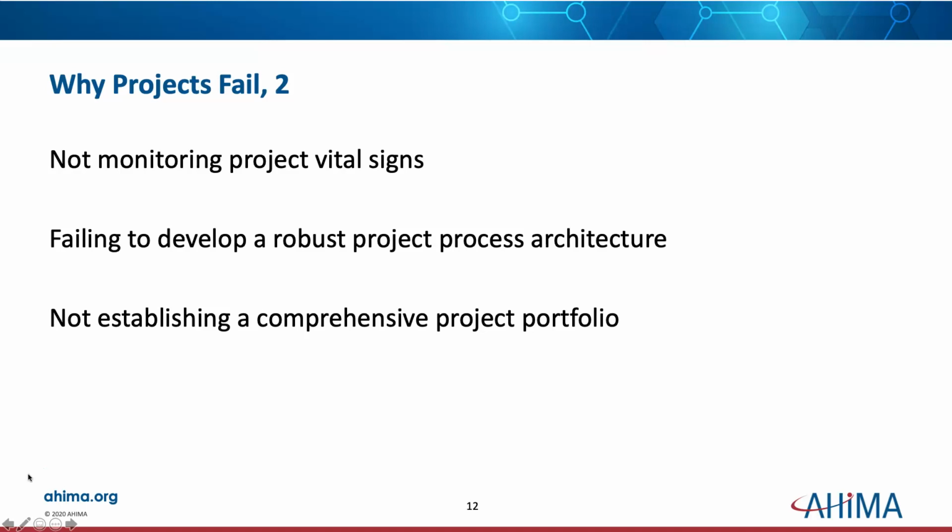It would be like your project is to add a piece of software, but you don't include the fact that you're going to absolutely need an interface. Well, that's not going to work. Not establishing a comprehensive project portfolio. Well, that's a possibility too, that maybe you don't understand what all is out there that can be utilized, or you're missing a component that's necessary.